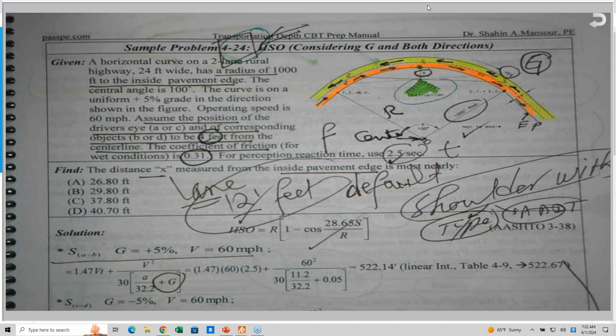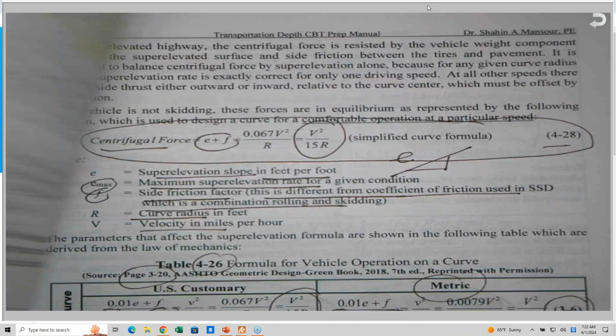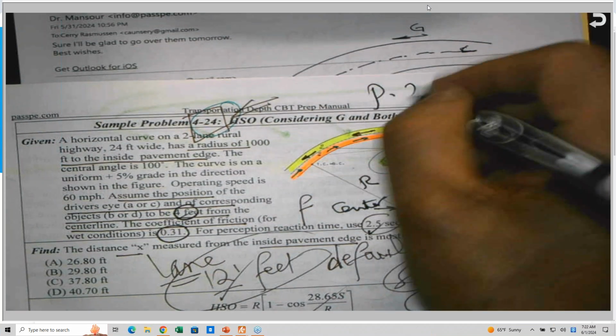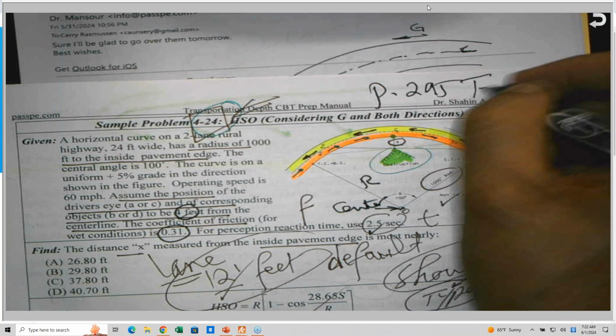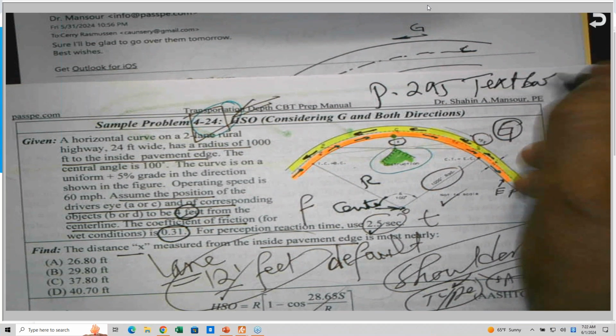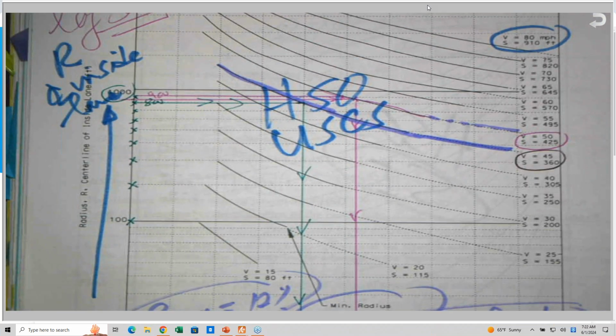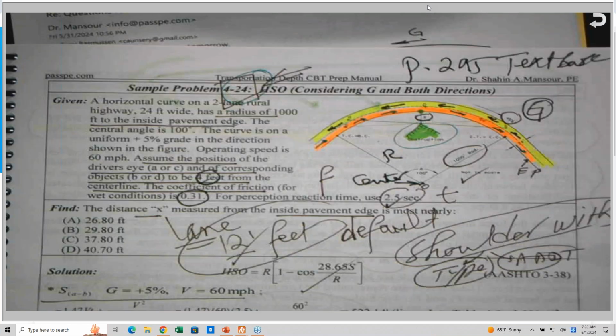The page number is 295, page 295 of my textbook. It's a very good problem, 4-24, and the previous pages are 293, 294, 295.